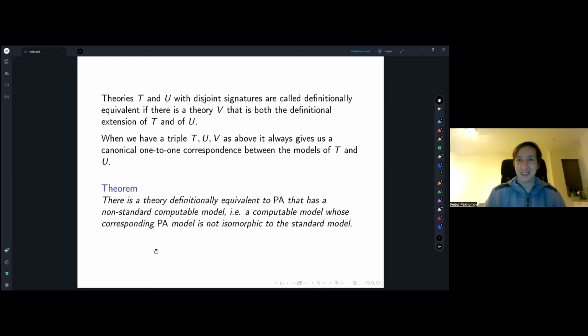So of course, regardless of how you define standard model, at most one of them could be standard. So in particular, there will be non-standard ones.